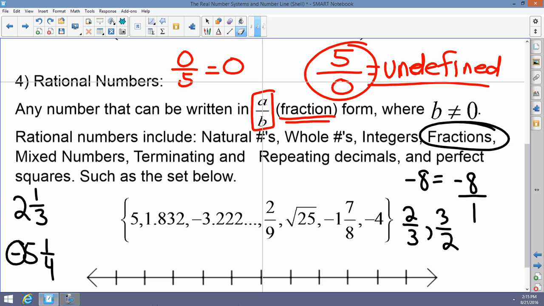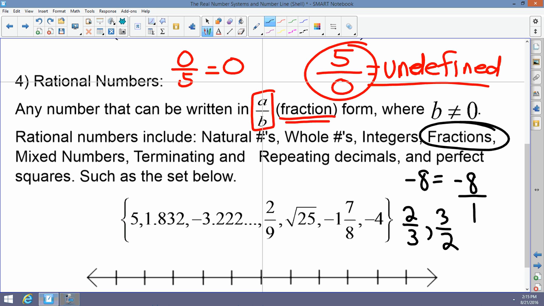Terminating and repeating decimals are also rational numbers because you can turn those into fractions. If I have the terminating decimal, 0.125, well, I can write that as 1/8. If I have the repeating decimal, 0.333 repeating, that's going to be converted into 1/3.